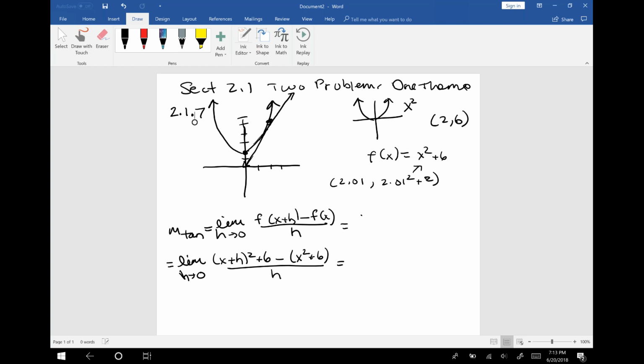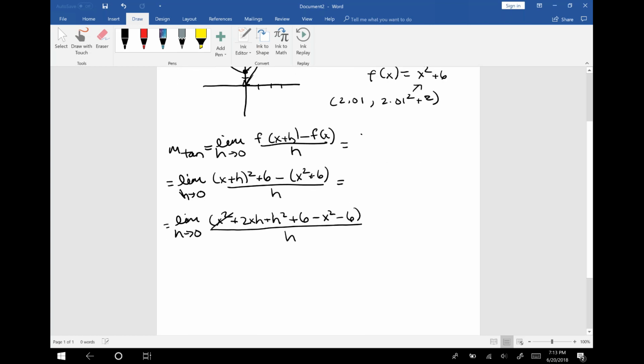And then simplifying this, we get the limit as h goes to 0 of x squared plus 2xh plus h squared plus 6 minus x squared minus 6, and then dividing that by h.